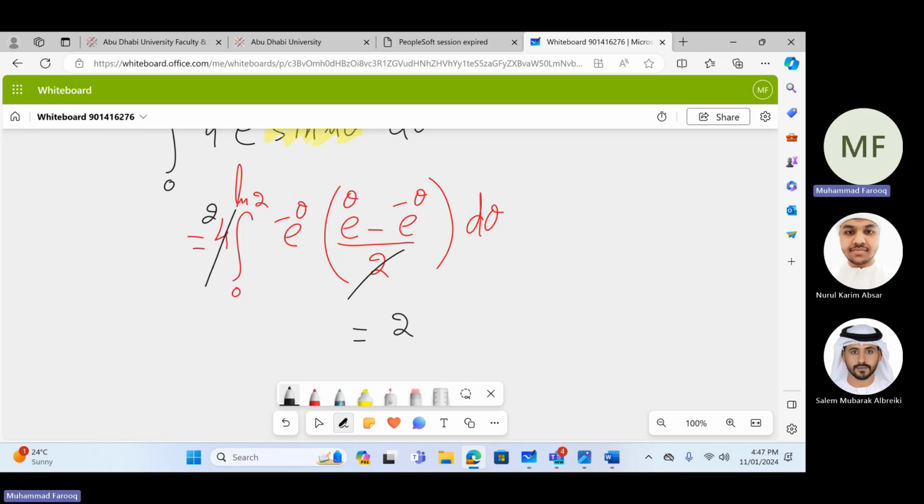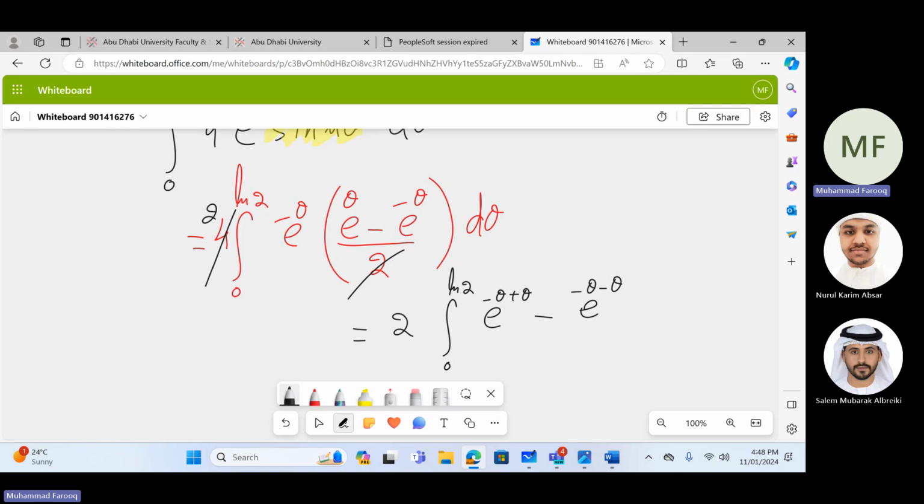So 2 times integrate from 0 to ln2. E power minus theta multiplied by e power theta gives e power minus theta plus theta, because it's the same base, powers add. E power 0, which is 1. Okay, come on. E power minus theta multiplied again by e power minus theta gives e power minus theta again minus theta.